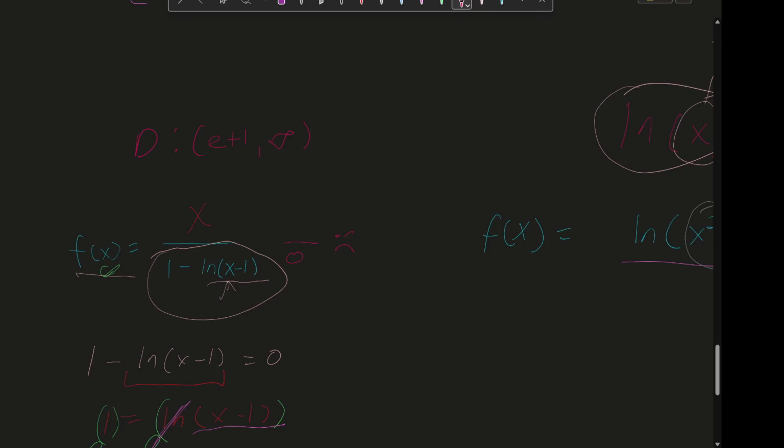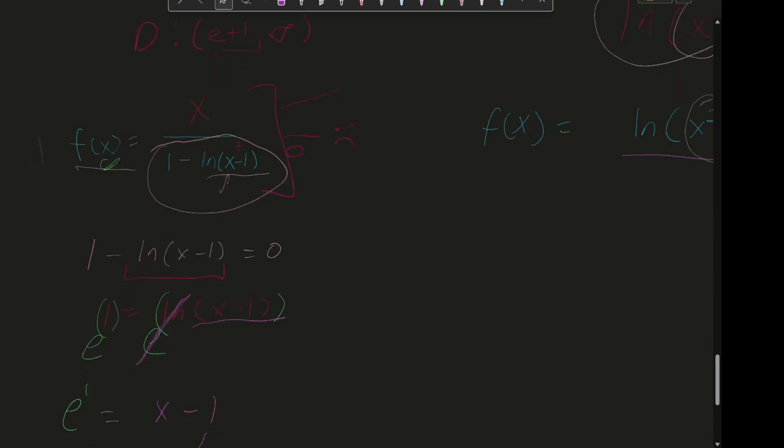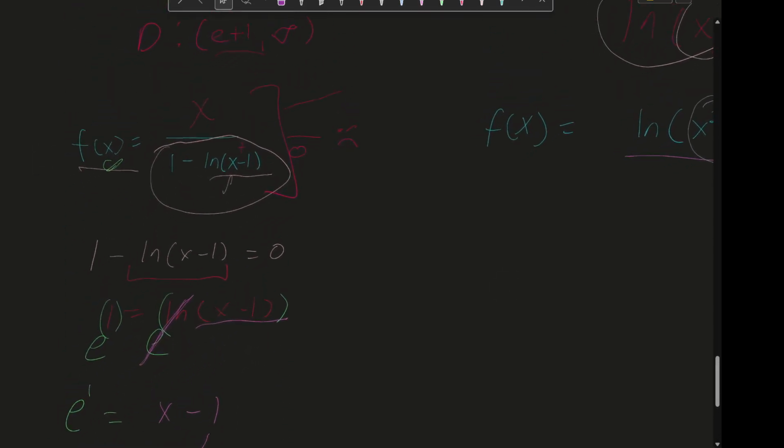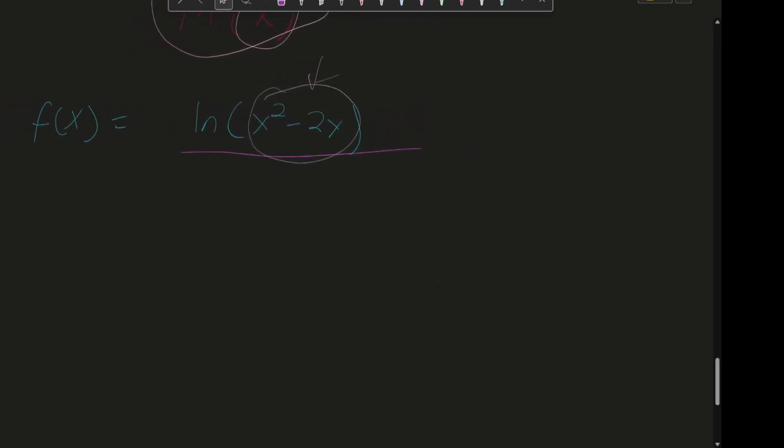Because if you plug in anything bigger than e plus 1 into the ln function, then you'll get a positive inside the ln function, which is fair game. And it doesn't matter if overall this whole thing spits out a negative number. It only matters if the inside of the ln function is greater than 0. So we're good there. Now, before we start solving derivatives, let's look at the domain for our other function. So this one's a little more simple.